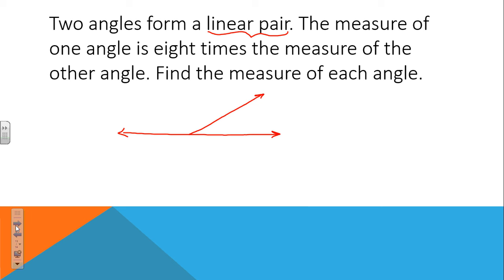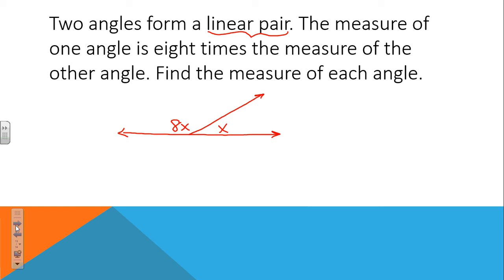So let's let one of them be x. Everybody cool with that? If one of them is x, then if the other one's 8 times as big, what does that mean? 8x. Once you have a picture, I think you can figure it out from there. But the hardest part is drawing a picture.